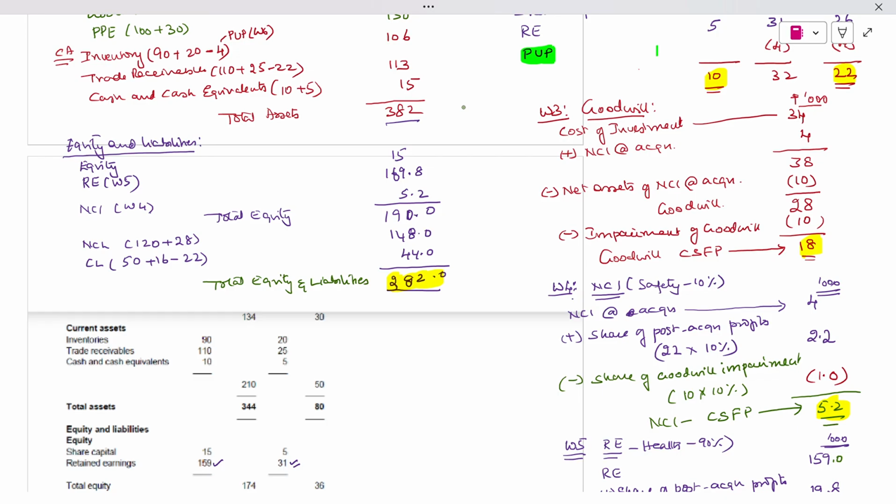Trust me, the only thing is you should not have shortcuts. Without studying the text, you should not touch the revision kit. That is the only rule. Is it clear to you? Yes. Have you completed writing? No, one minute.